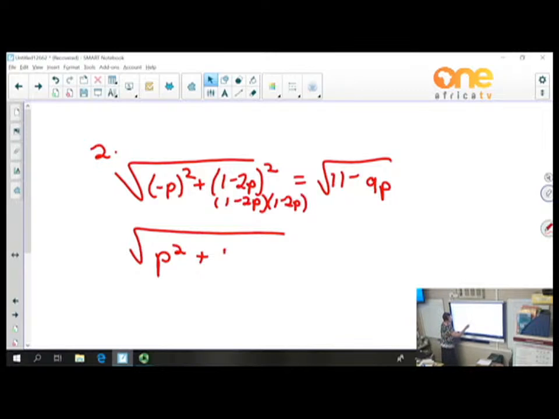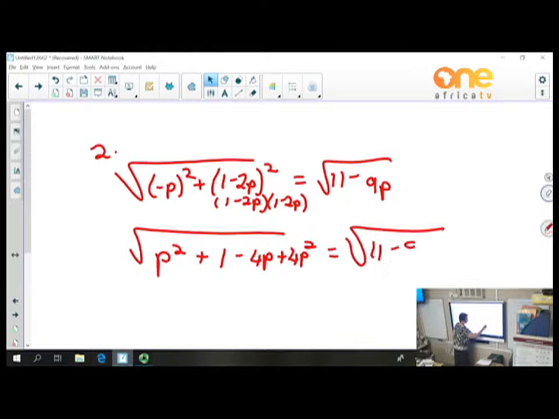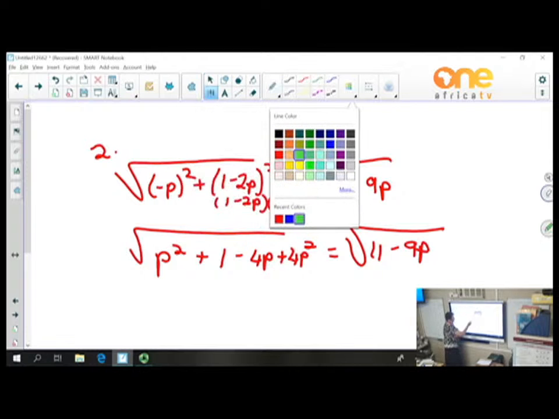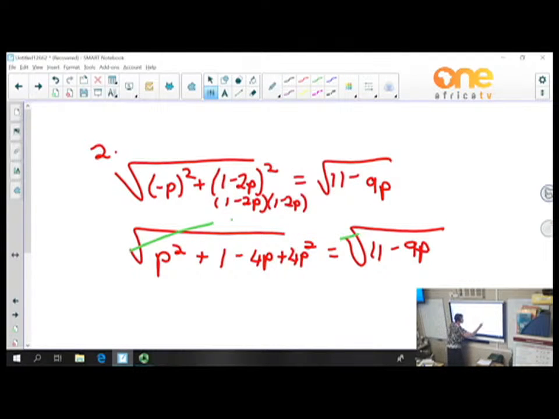So it is then 1 minus 4p plus 4p squared, which is equal to the square root of 11 minus 9p. Now in a case like this, we can eliminate the roots here, so this can fall away because it's on both sides. You square it or you get rid of it. So now here I will add my like terms and I will have 5p squared, negative 4p plus 9 will then be plus 5p, and plus 1.